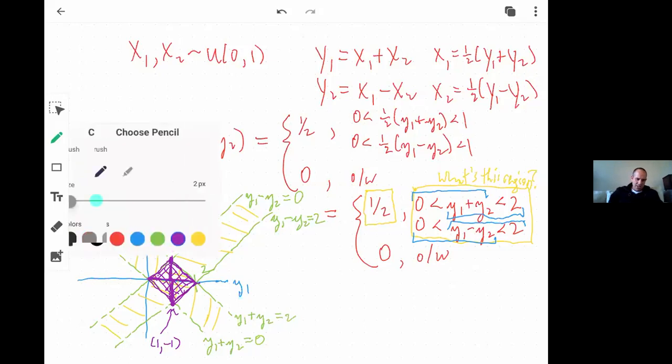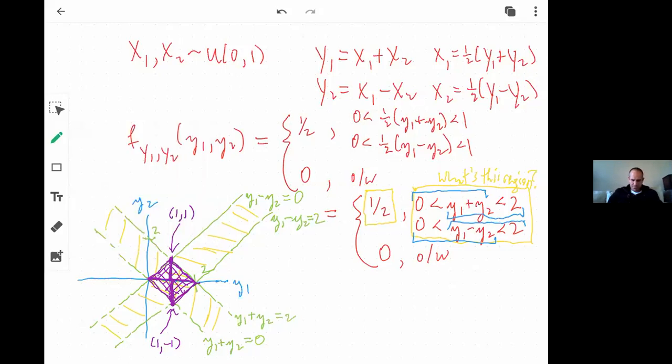So let me just say that the volume under this density equals the area of the purple region times the height of the density, which is 1/2. Well, what is the area of that purple region?